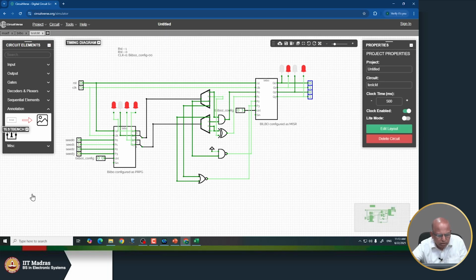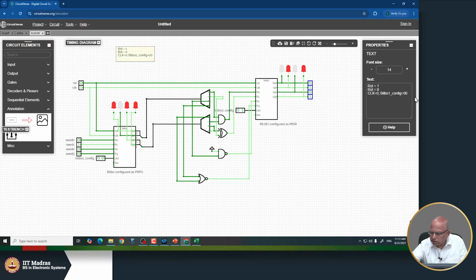Okay. So, these seeds must be set to 1 1 1 1 or something like that. Seed should be 0 1 or anything that you want except all zeros. Okay. Then clock equal to 1.